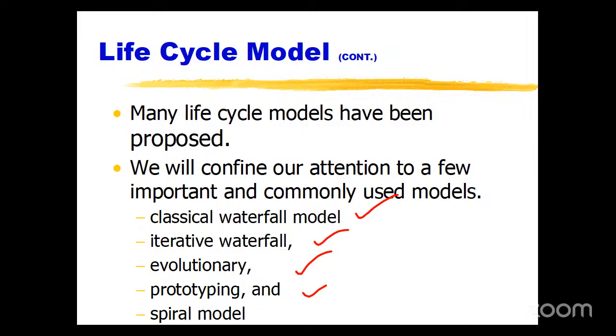Then we came to see the life cycle models and the importance of life cycle models in day-to-day life. Then what is happening with the current projects and what happened with the previous projects, we have seen. Then anything else?